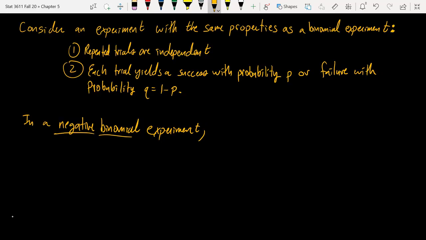So let's write that down. The trials are repeated until, let's say, k successes occur.